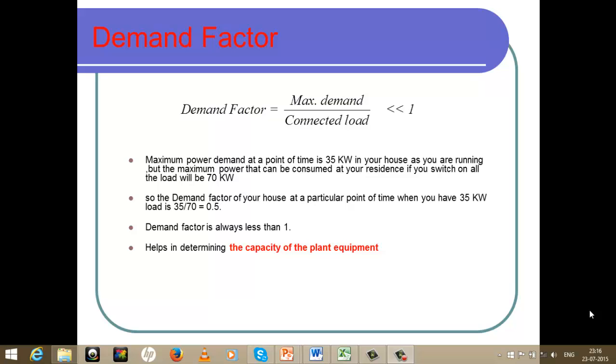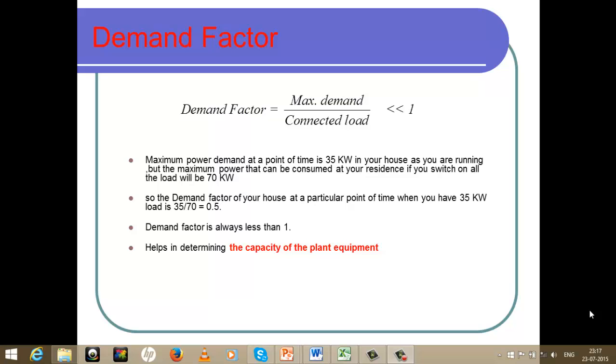That's called the connected load. On a particular day, if you take the reading on an hourly basis among the 24 hours, at one point there may be a peak demand. That peak demand will not be equal to the connected load value.